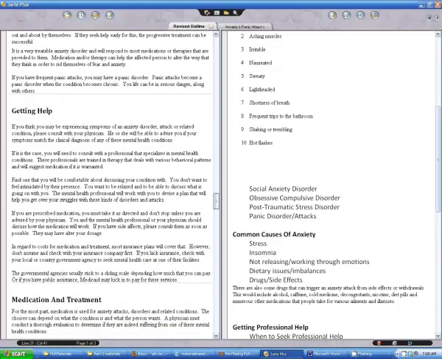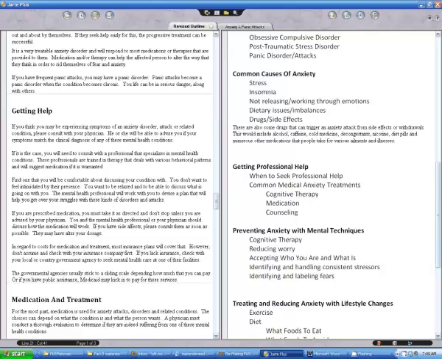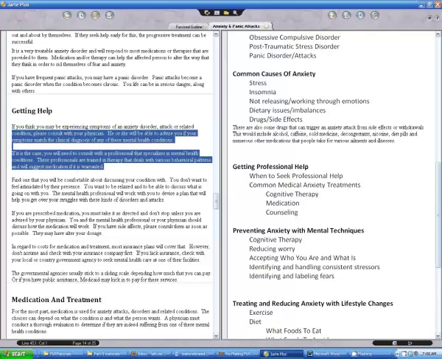So this again is just sort of general about getting professional help. I might put it in here just as a placeholder, but I'm hoping that I will find some better information as I continue to research.